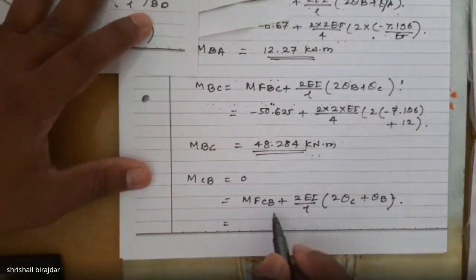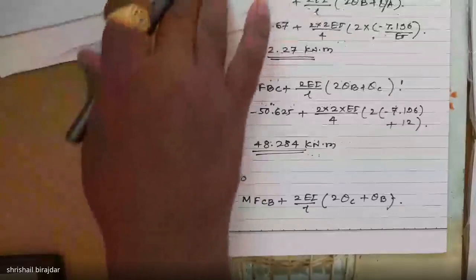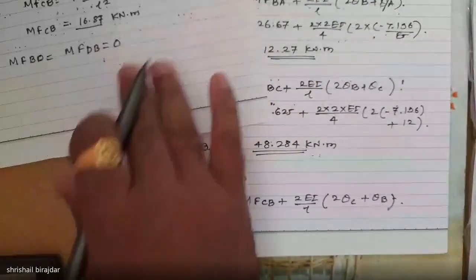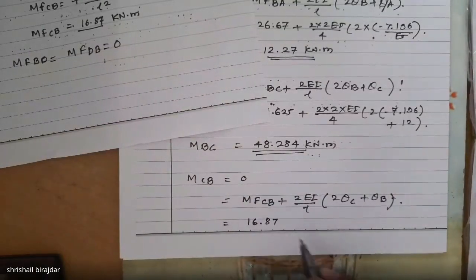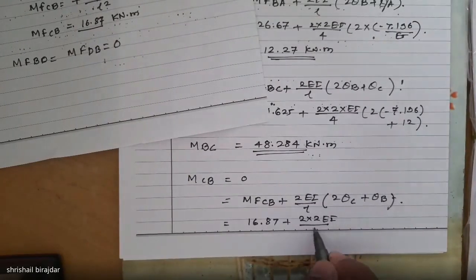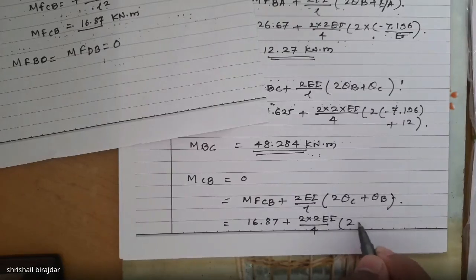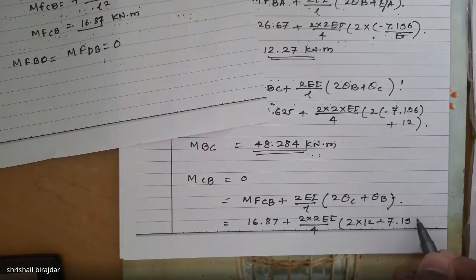MFCB is 16.887 plus 2 multiplied by 2EI divided by L equal to 4, 2 theta C, 2 into 12, plus or minus 7.196.